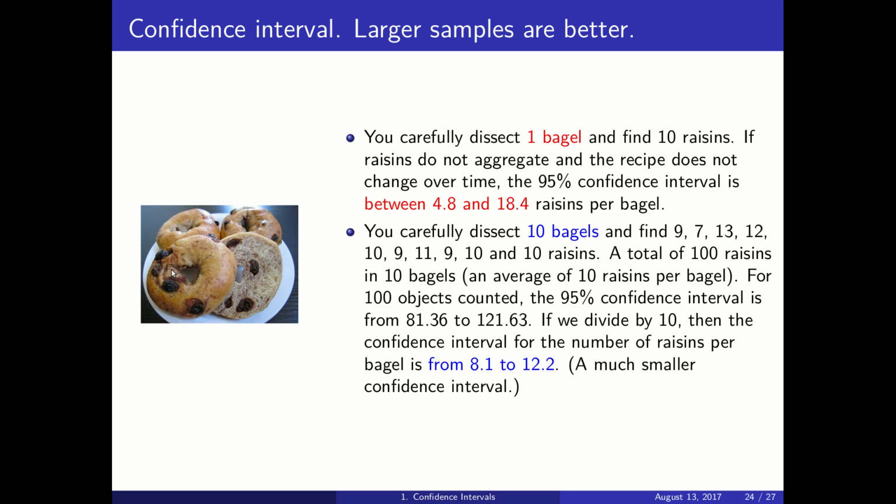You take a bagel, you find 10 raisins, and assuming that the raisins do not aggregate and that the recipe does not change over time, we are now in the regime of the Poisson distribution. So we are now constructing a confidence interval for the fixed rate, for lambda. With this data, the confidence interval is between 4.8 and 18.4.